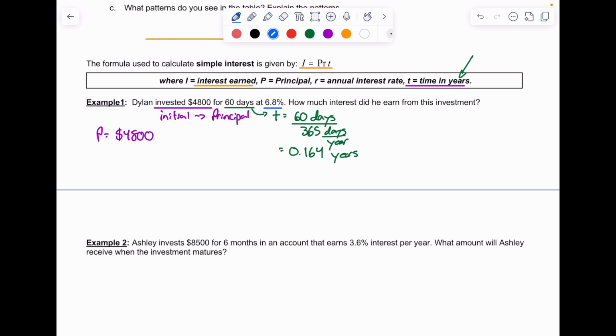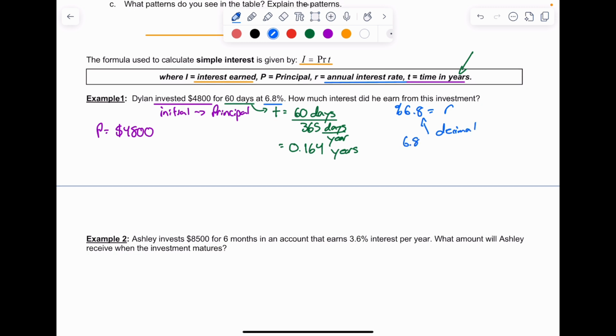And then lastly, at 6.8%. Well, 6.8% is your annual interest rate, okay? That is your variable R. Percentage equals R, right? But the problem is this needs to be in a decimal. So in order to put that into a decimal, 6.8 divided by 100, well, that is now 0.068.